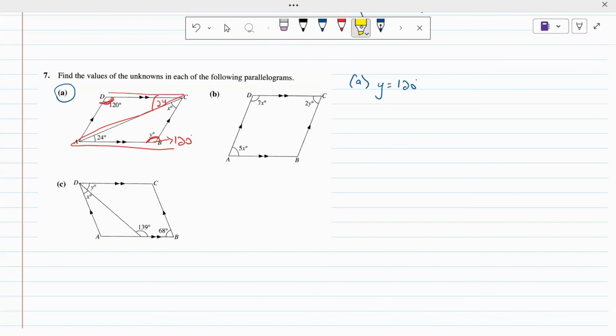So we can directly focus on this triangle, which is ABC. In triangle ABC, we can make the equation as the three angles sum up to 180, which is x plus y plus 24 is equal to 180. We have got y as 120, so x plus 120 plus 24 is equal to 180.